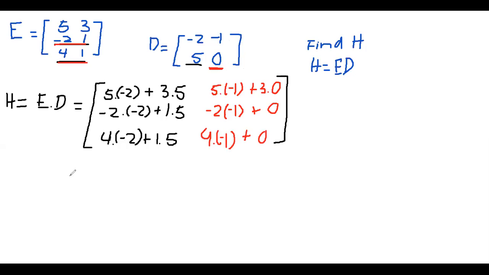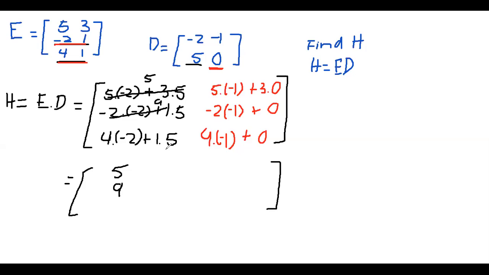And for our products, you just do a little algebra to solve for these. The first number is negative 10 plus 15, so it's going to be 5. The second number of the first column is 5 plus 4, so it's going to be 9.